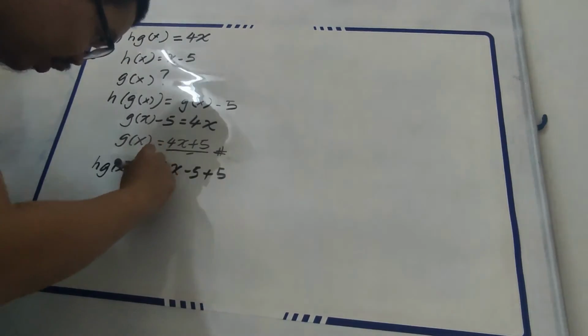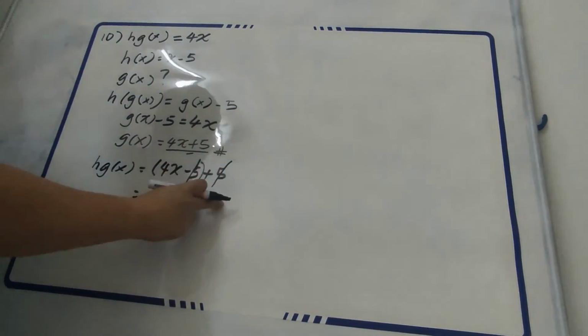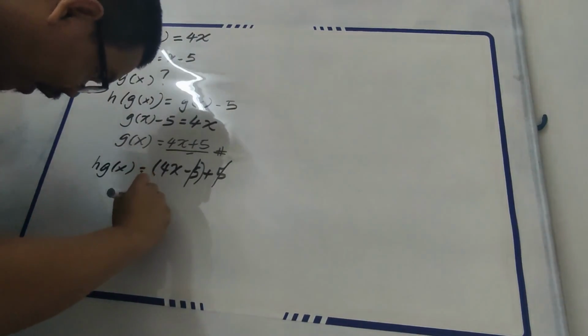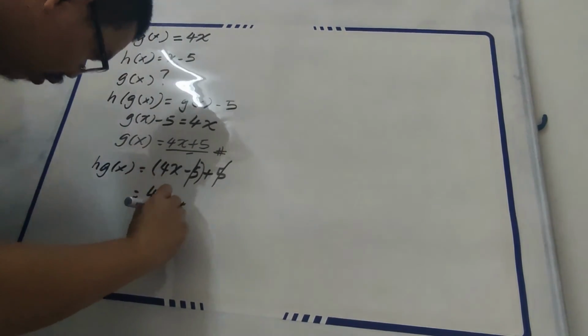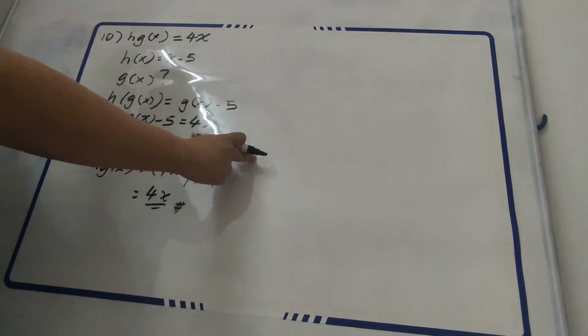So this is what we call double checking in the exam. Plus 5 minus 5 is 0, so you are left with 4x only. So both tally. So this is the answer for question number 10.